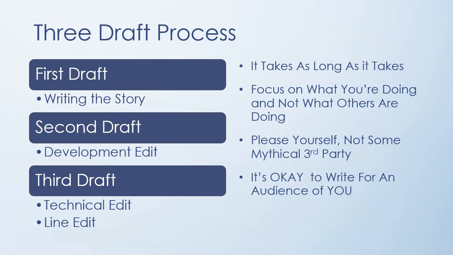All right. And on your third draft, this is your technical edit for agents and editors and editorial reviewers. You're looking for grammar mistakes. You're looking for Hemingway stuff. You're looking to clear up anything that's fuzzy or filtered words or kill that to-be verb stuff.